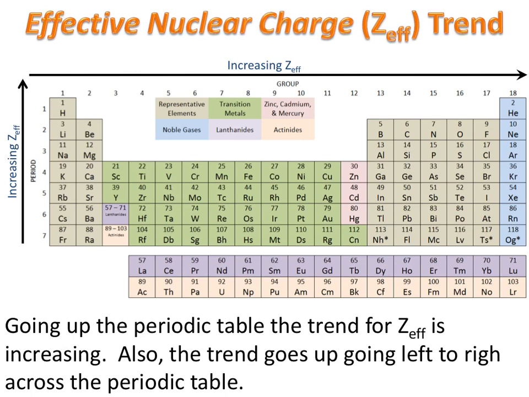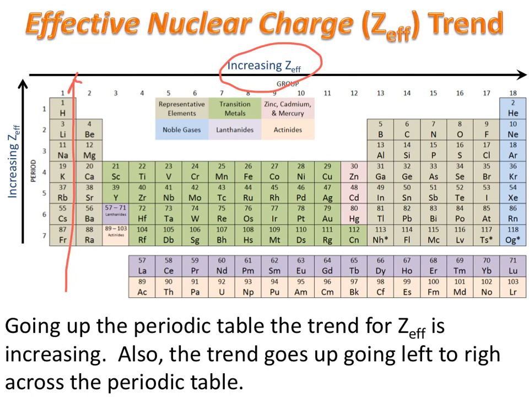So, in addition to seeing an increasing effective nuclear charge as you go across the periodic table, you will also see that the effective nuclear charge increases as you go up the periodic table.